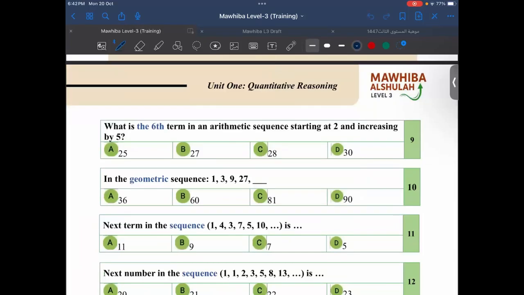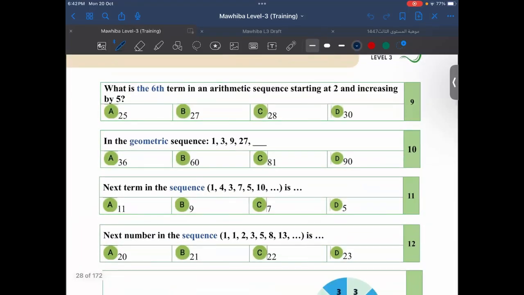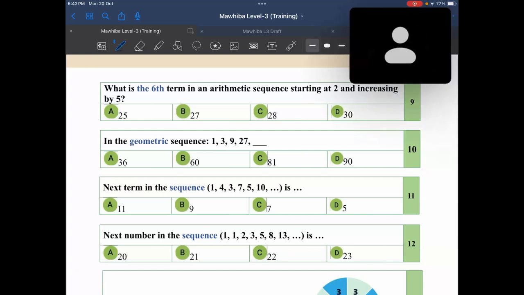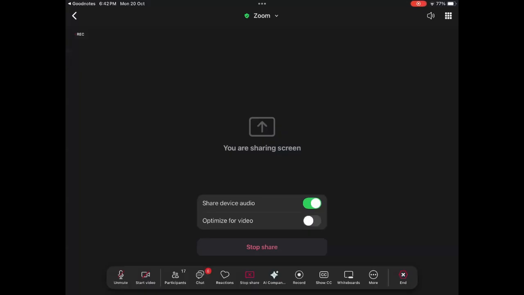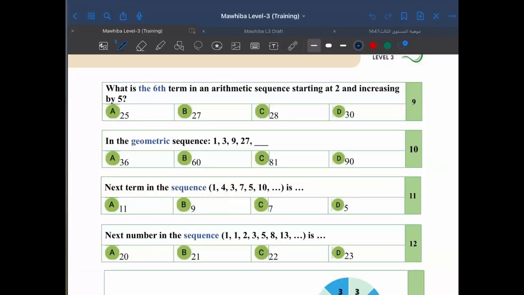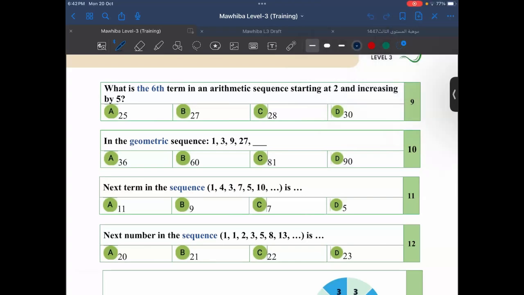So let's start now with the next question in patterns, which is question 9. Let's see the question. It says, what is the sixth term in the arithmetic sequence starting at 2 and increasing by 5?